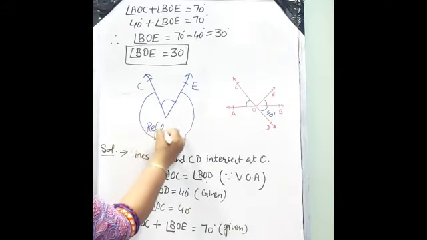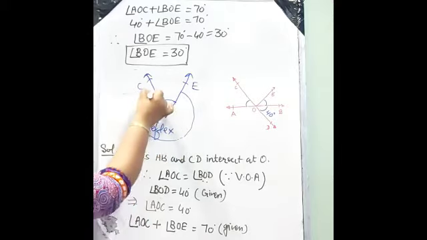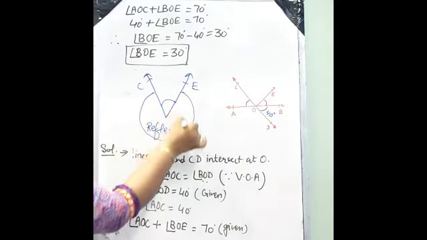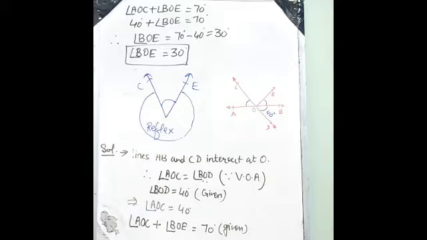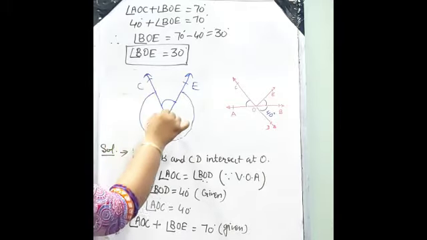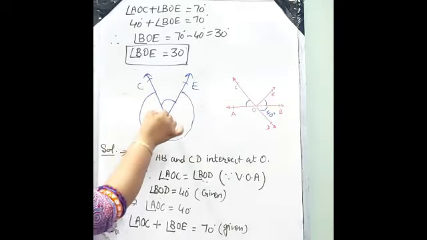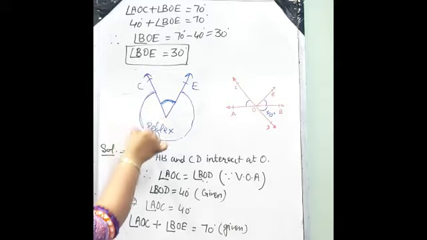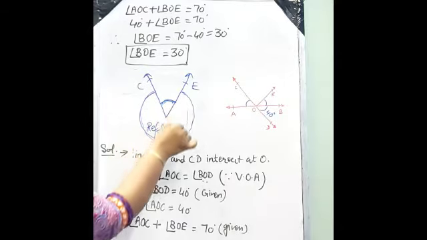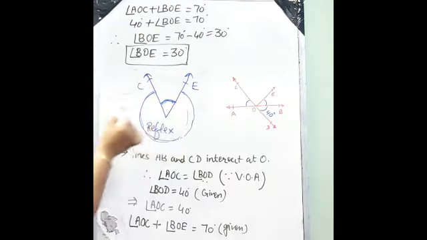That angle is known as a reflex angle. Firstly, we will find angle COE. After that, we will subtract this angle from 360 degrees to find the reflex angle COE.